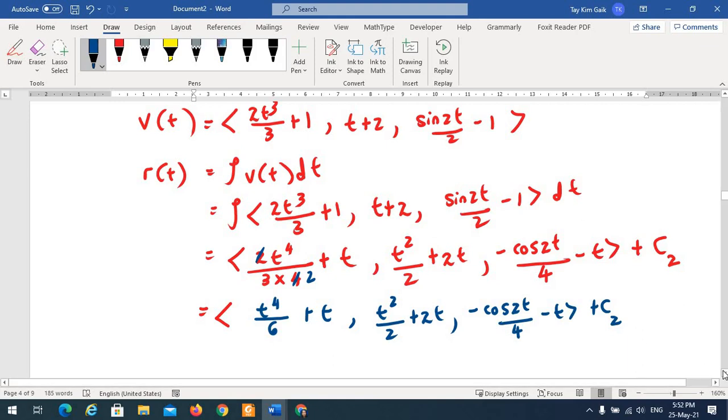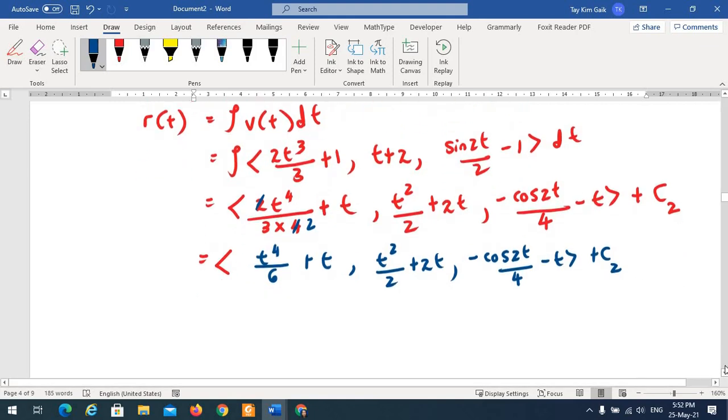And then to solve for C2, we need the information when t is 0. Plug in t equals 0: component i is 0, component j is 0, cos 0 is 1, so you have negative 1 over 4. This part is 0 plus C2 equal to 1.